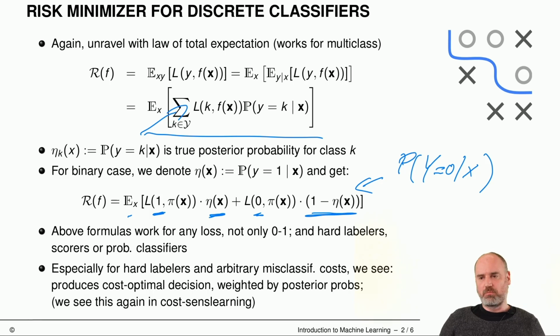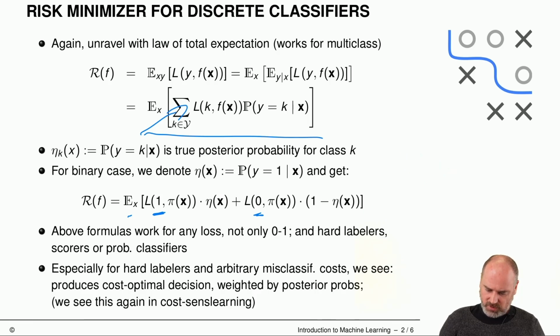So we now have a nice convenient formula to remember to compute the expected loss, the theoretical risk, for any loss function under binary classification. This works pretty much for any loss. As I've said before, it also works for hard labelers, decision scorers, or probabilistic classifiers.